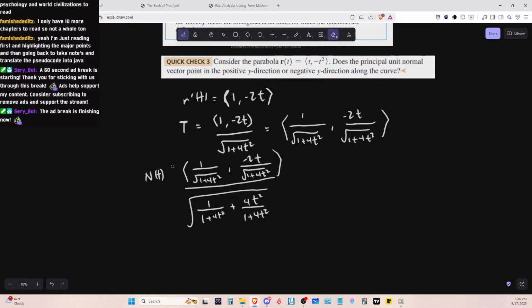Also have to take the derivative of this. I don't feel like writing the derivative out because that seems like it's going to be a ton to do.